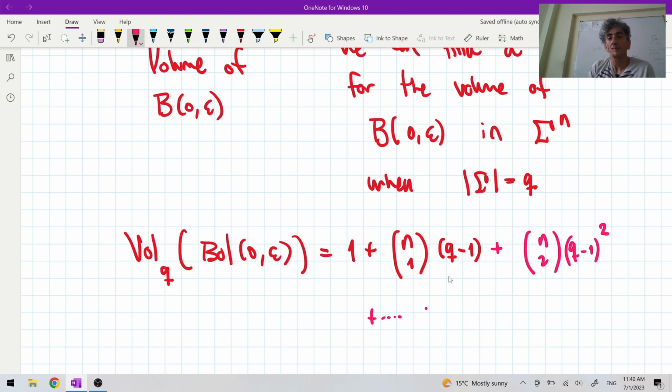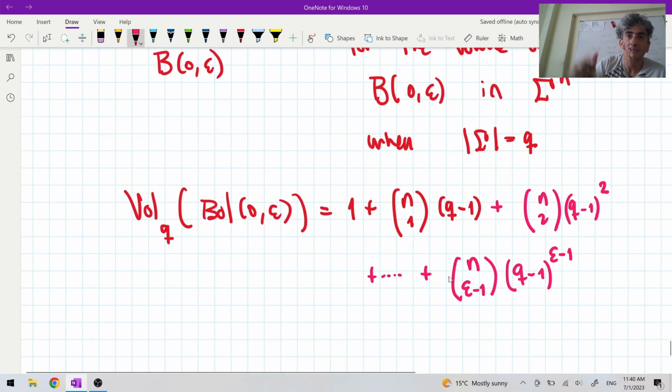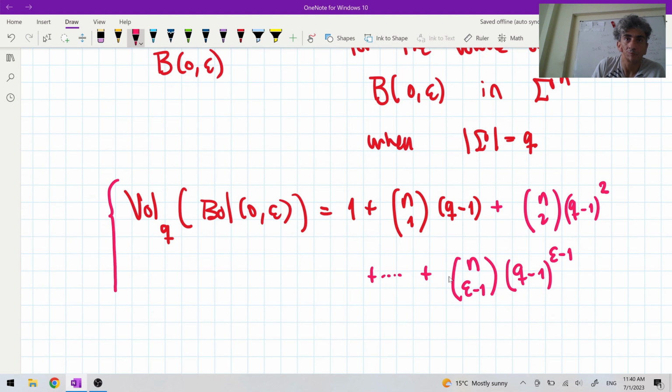Obviously, this will go on up to n choose epsilon minus 1, times (q minus 1) to the epsilon minus 1. Okay, so this formula actually gives the volume when the alphabet has size q.